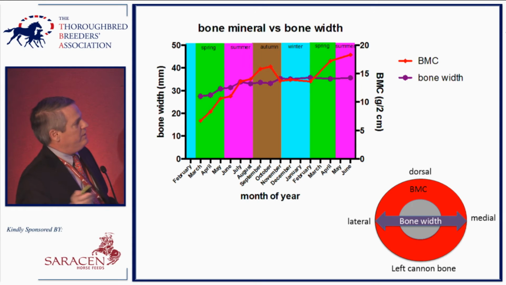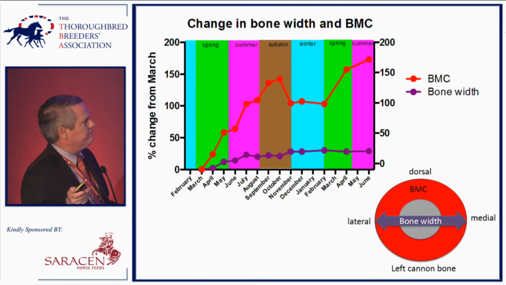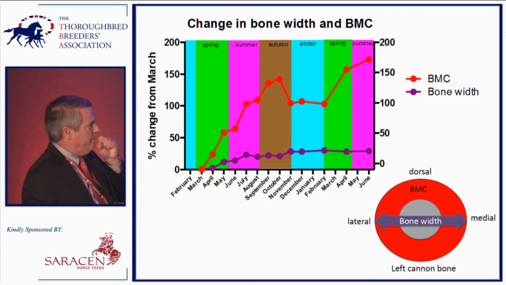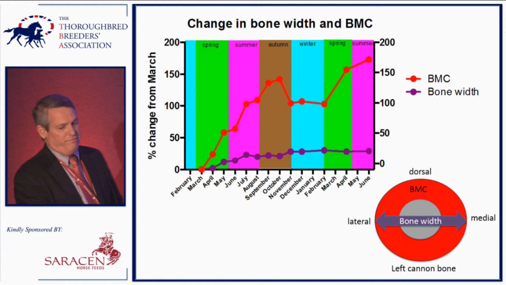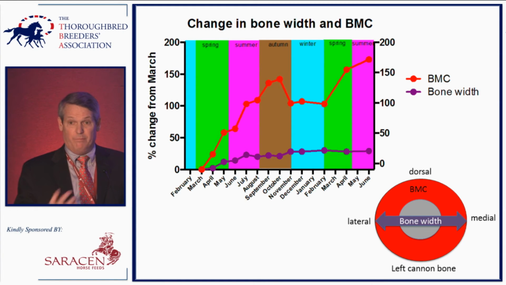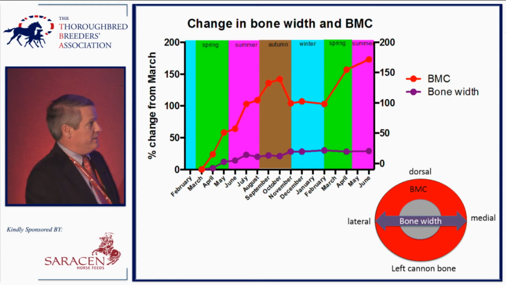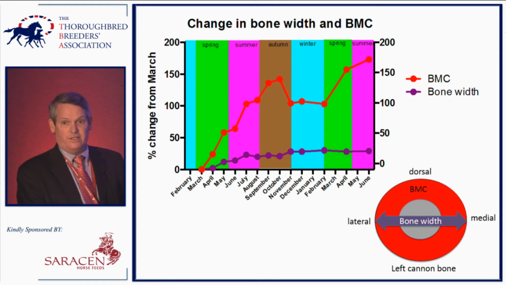And again, if you look at this in terms of percent increase, you see there's a really big increase in bone mineral content. So you're at 150% increase from when the foals are born. So there's a lot of bone mineral content that's occurring during this early time.